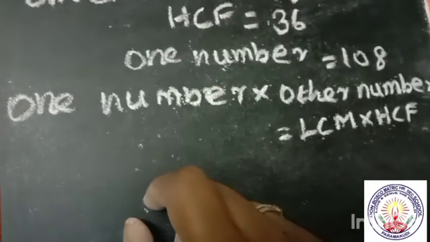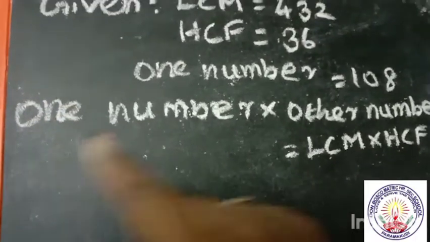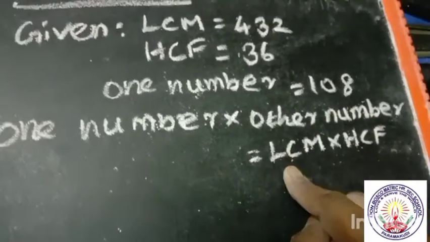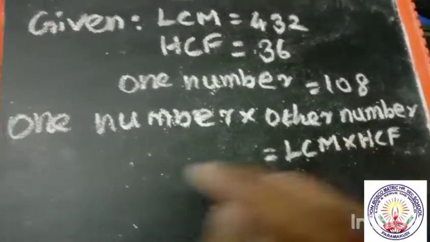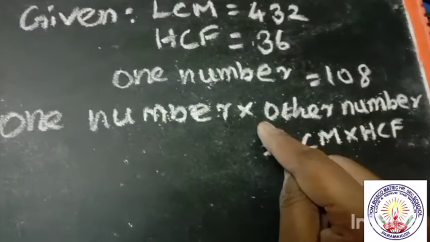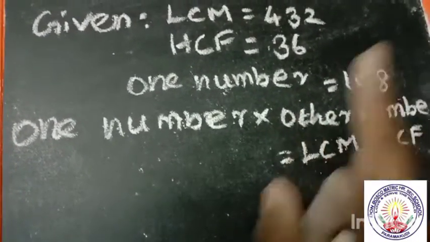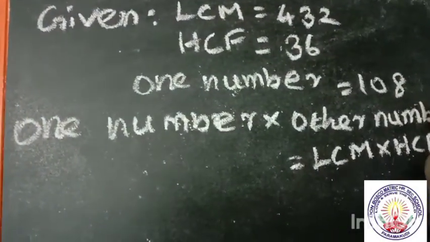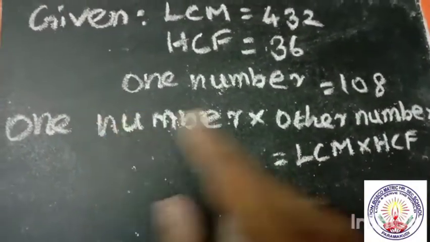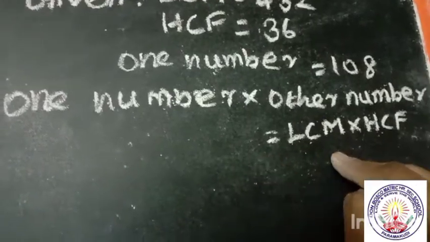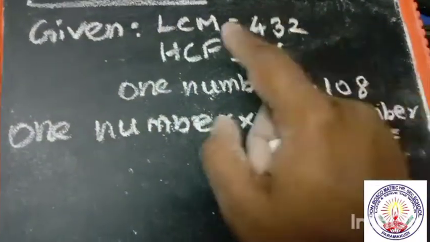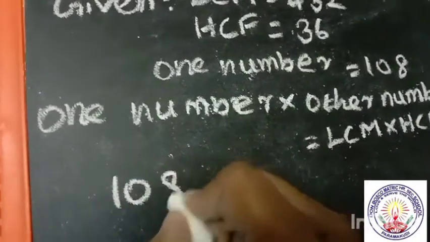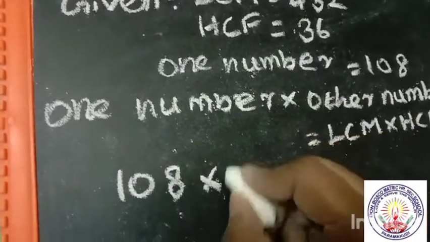Okay, what is the formula? One number into the other number is equal to LCM into HCF. In the formula, the product of two numbers means one number and another number. So one number we know, that is 108. The other number we don't know.